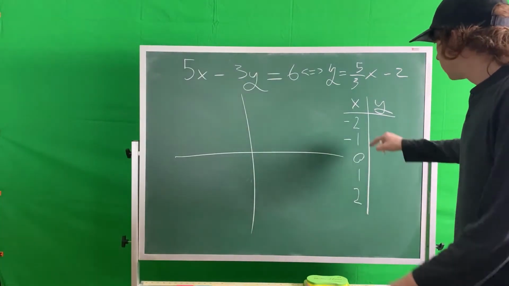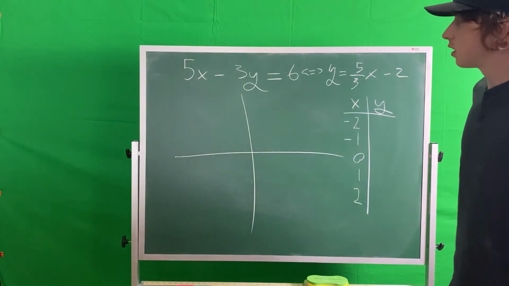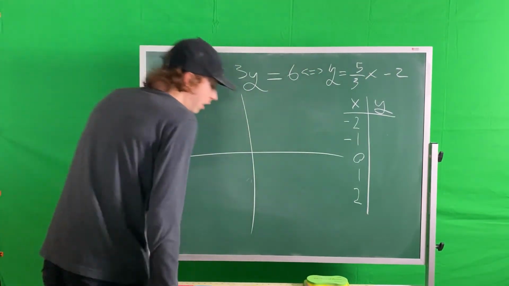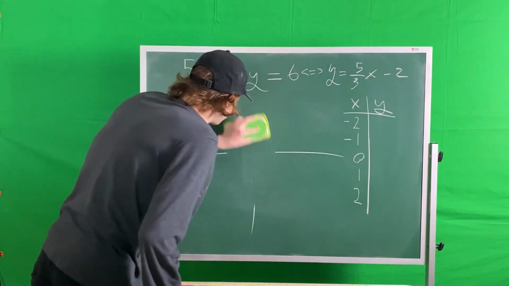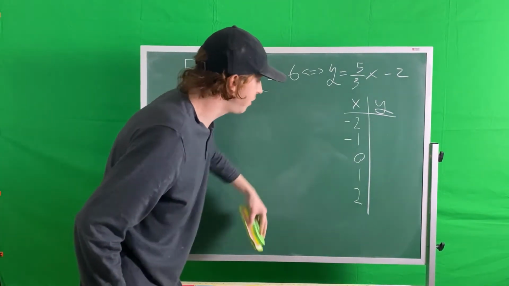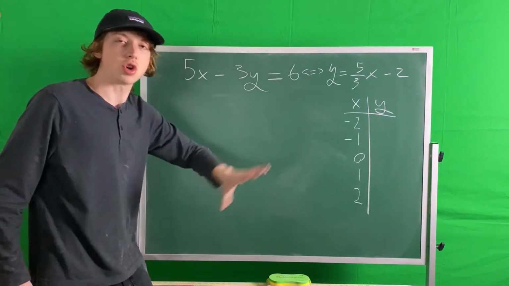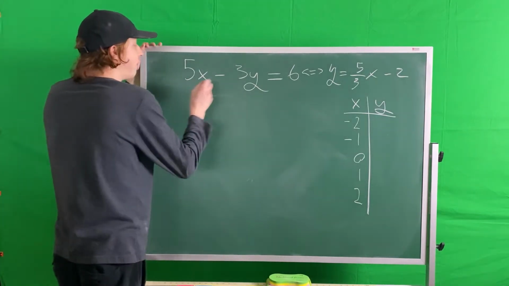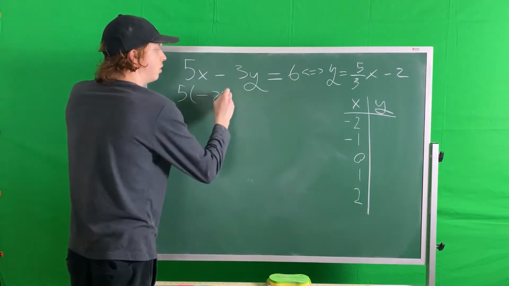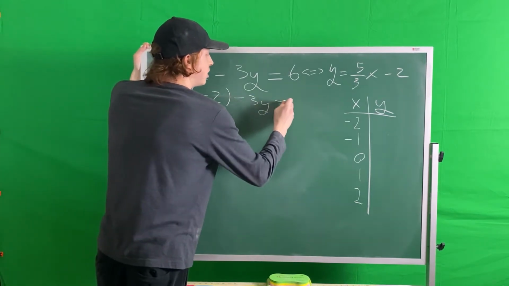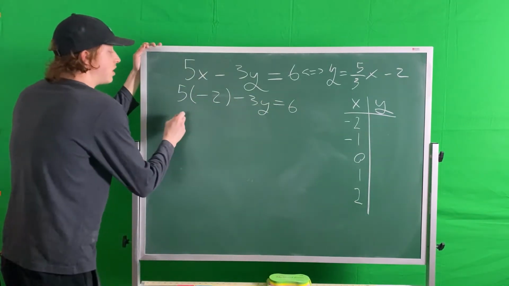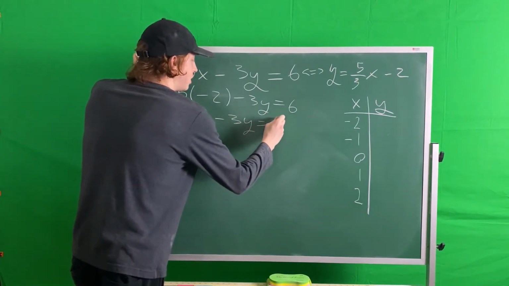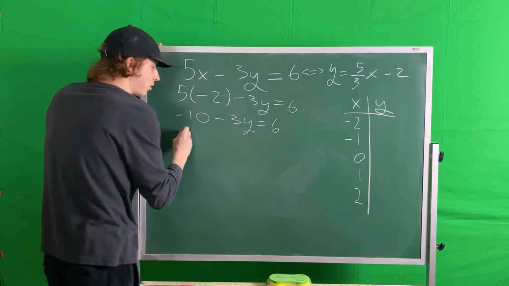So we have negative 2 for x. Actually, let's get rid of the graph. I'll redo this graph in a second. Let's make space to find all these points, and then we'll start filling them in. Plugging in negative 2, we have 5 multiplied by negative 2 minus 3y is equal to 6, which gives us negative 10 minus 3y is equal to 6. We add 10 on both sides.